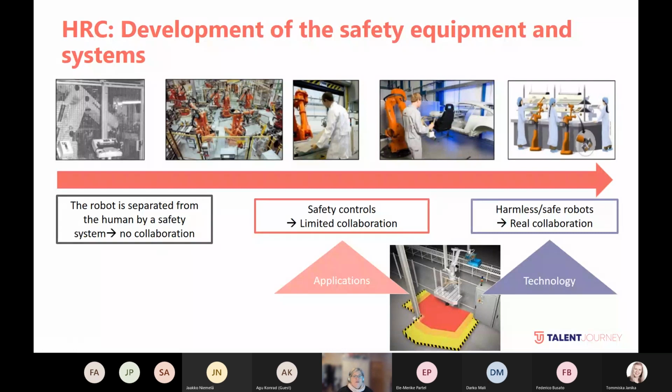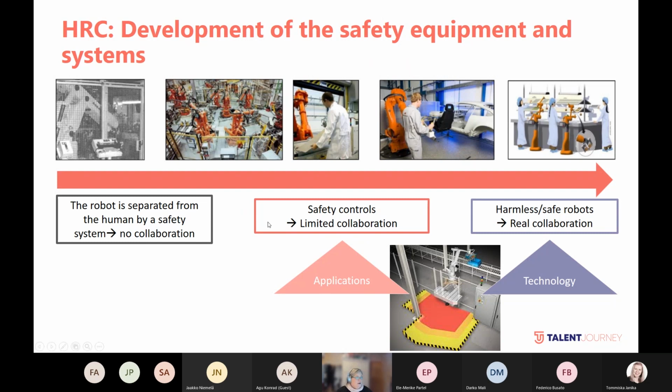Let's take a closer look at these 3 steps in which robot safety has been developed. First, the robots were separated from humans by different safety systems. No collaboration between humans and robots was possible.